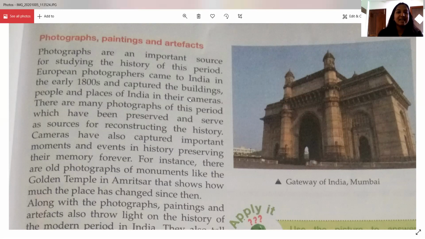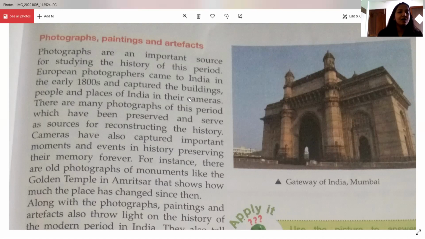And one such example is old photographs of monuments like the Golden Temple in Amritsar. Now, when we look at this photograph, we will get to see the difference between the old temple and the temple that is there right now.